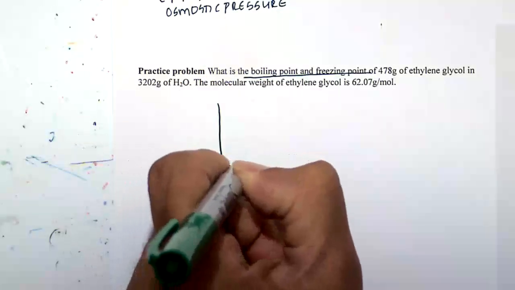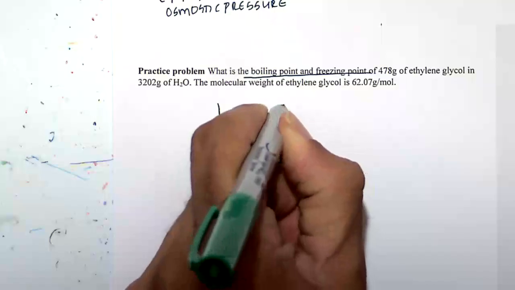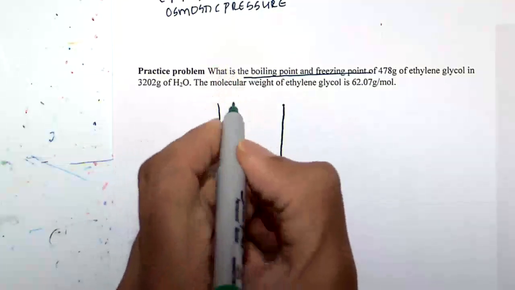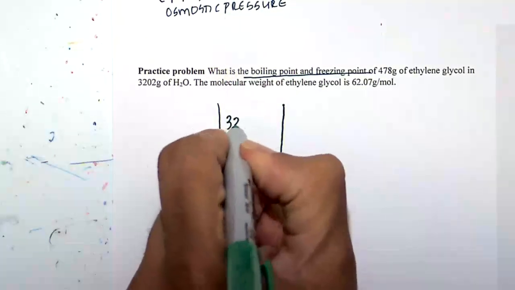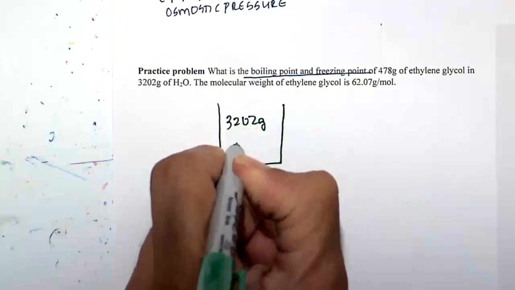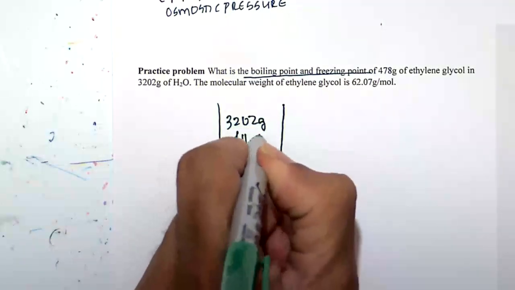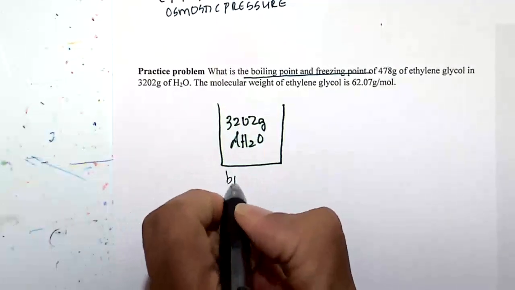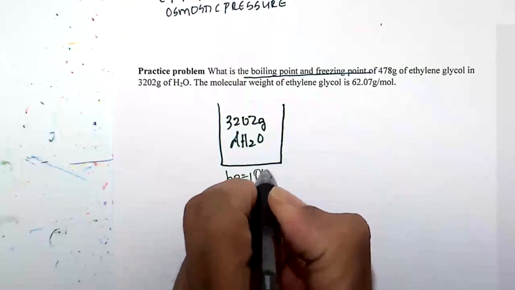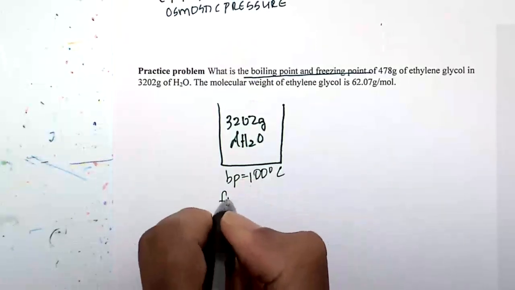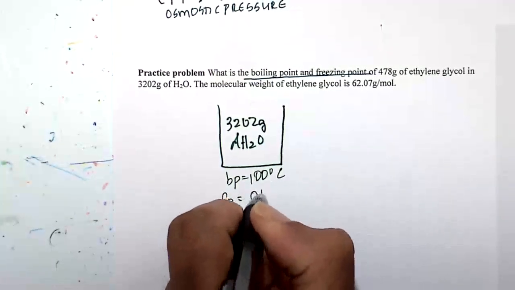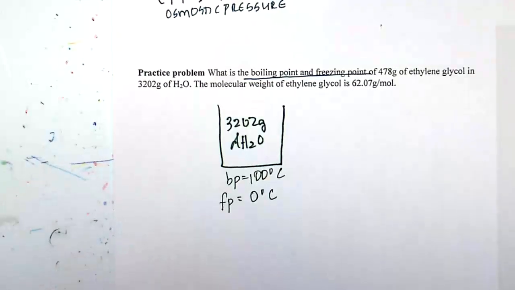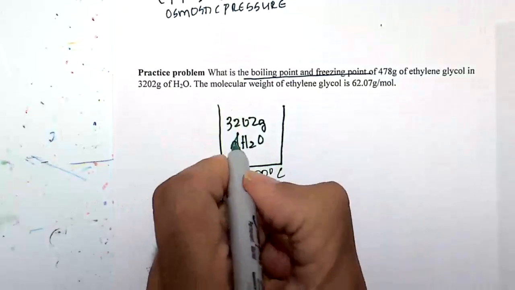We have water. We got 3,202 grams or so of water. What is the boiling point of water? We know this as 100 degrees C. What is its freezing point? We know this as 0 degrees C. That's correct.